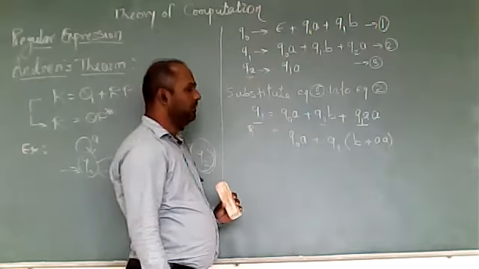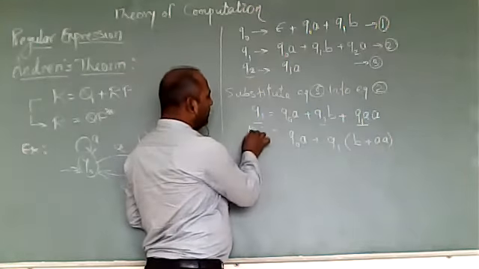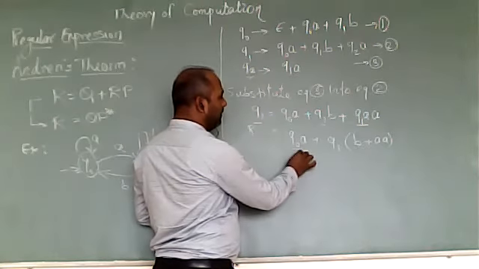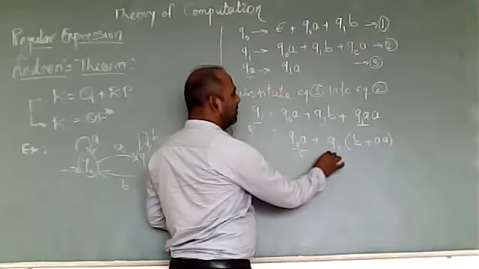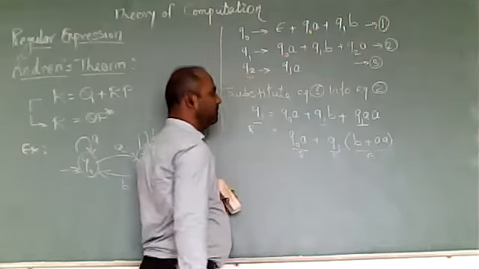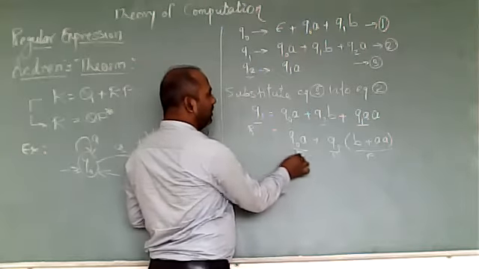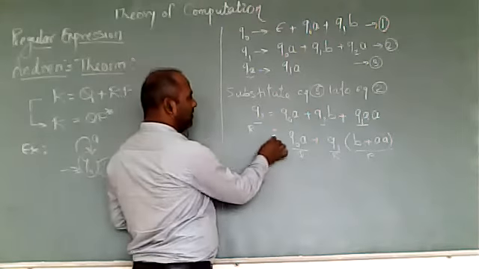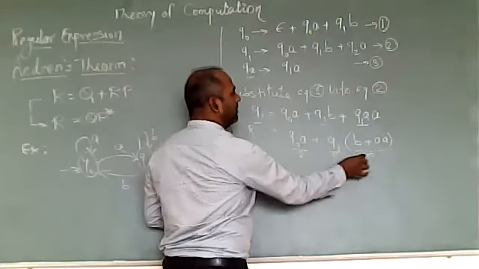Now if we consider this Q1 as R, this will become Q, and this will become P. So R equal to Q plus RP.